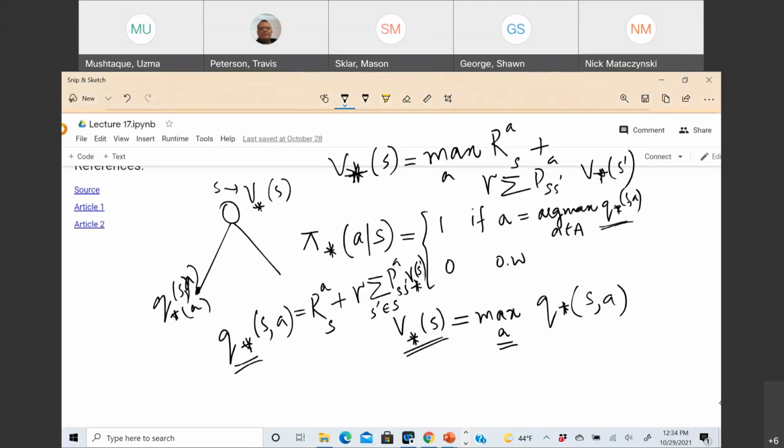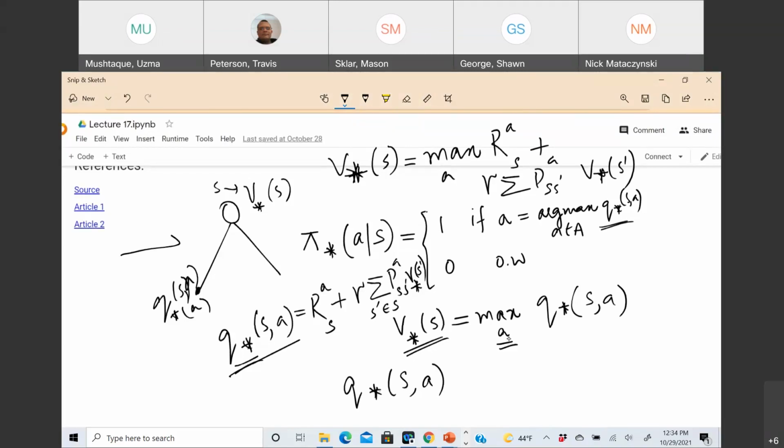That's the only change that happens. And then similarly, we can understand that this Q star and the relationship with V star would be similar to what it was earlier, except that instead of having the average. Again, I'll rewrite all of that.